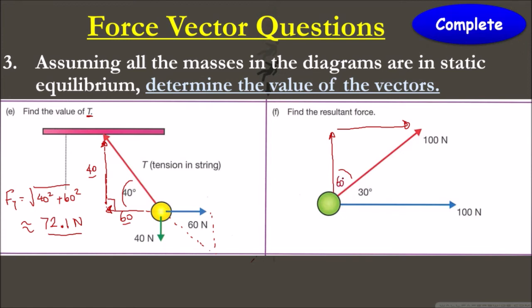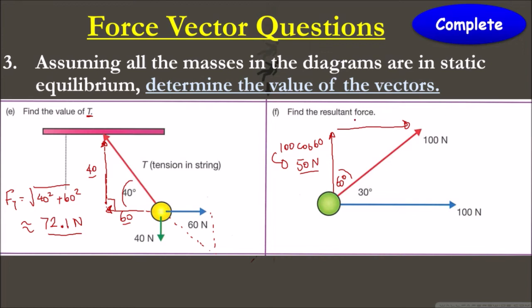So that means this has to be 60 degrees, because 60 plus 30 is 90, okay? Now, the vertical component pulling up in this direction would therefore be 100 cos 60, which means that we have an upward force of 50 newtons. We have an arrow dragging along in this way.